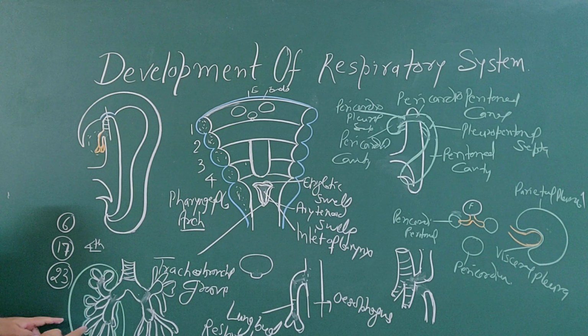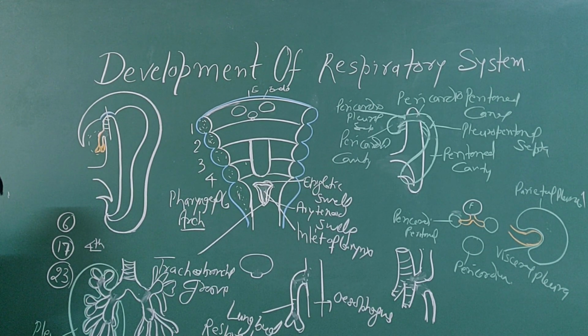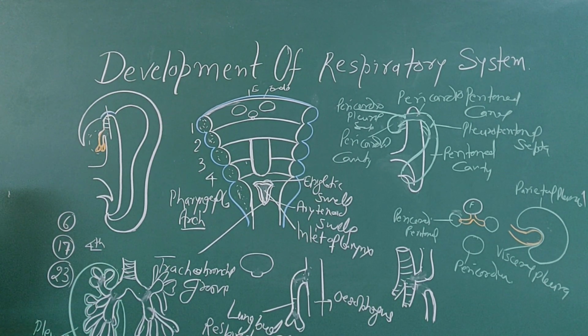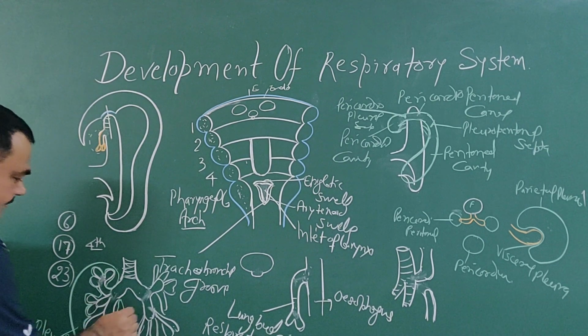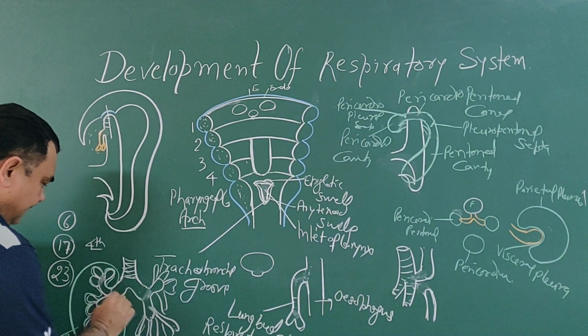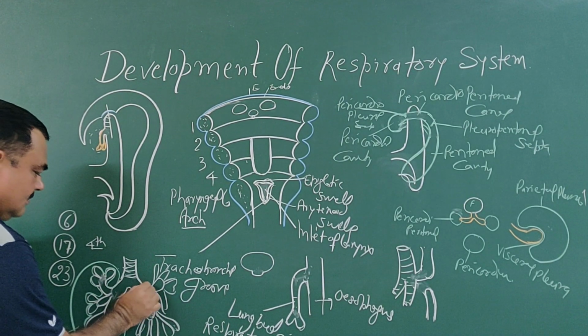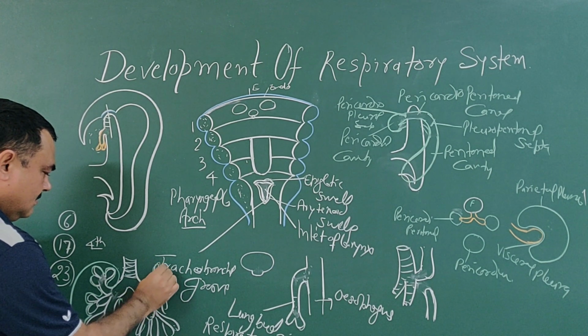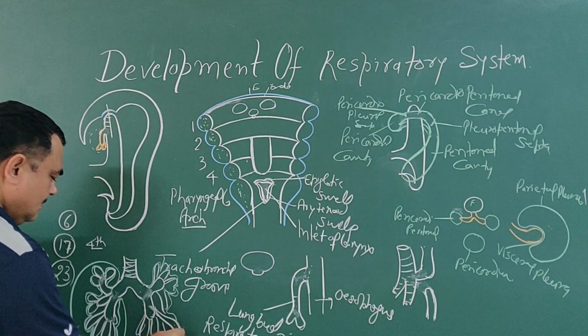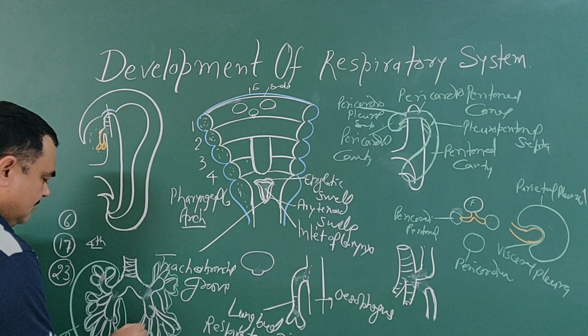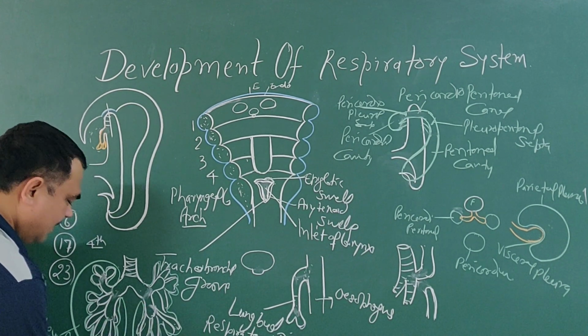So between the parietal and visceral pleura there is a cavity. This is the pleural cavity. The same thing is here: this is the visceral pleura and this is the parietal pleura.